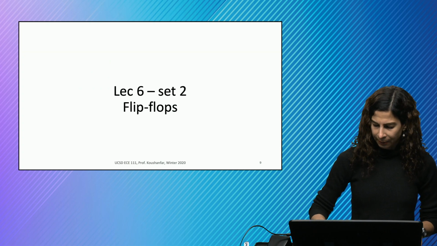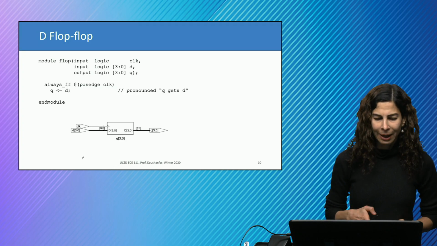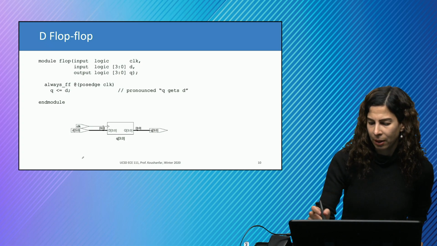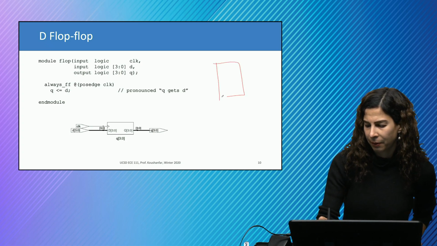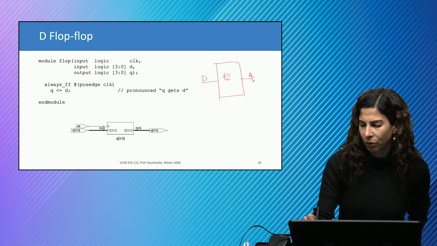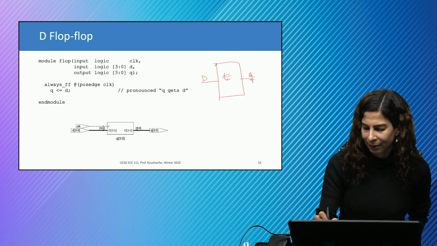Here we have a module, a flip-flop module. It has an input D, it has the output Q, and it has a clock.